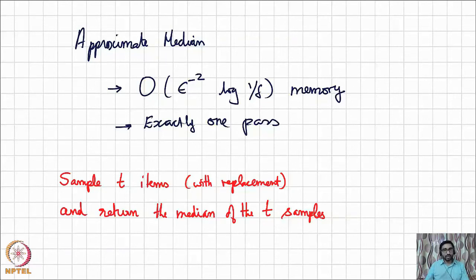Of course, the only thing that remains is for us to know what the value of t is, and that's going to be our primary concern. If we plug in the appropriate value of t, we will get an approximate median. But for that, we first need to be very clear about what we mean by an approximate median.